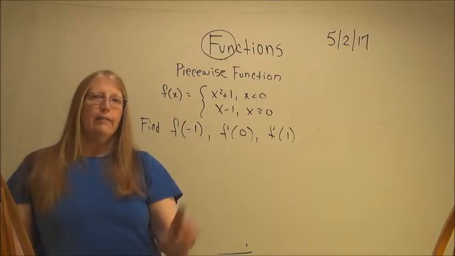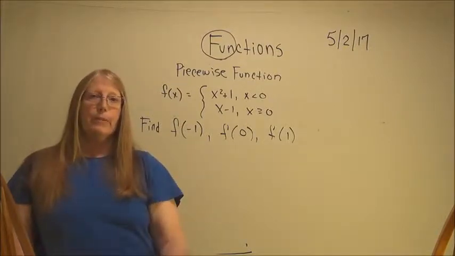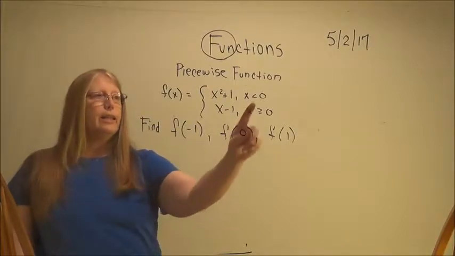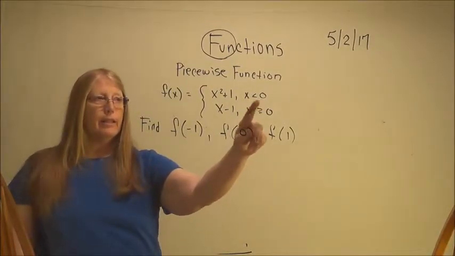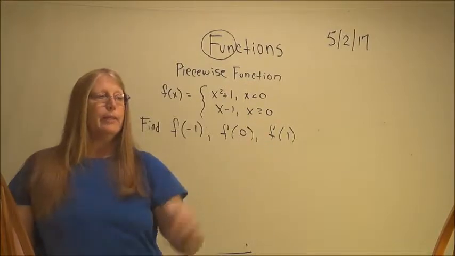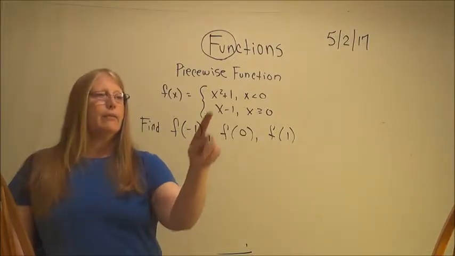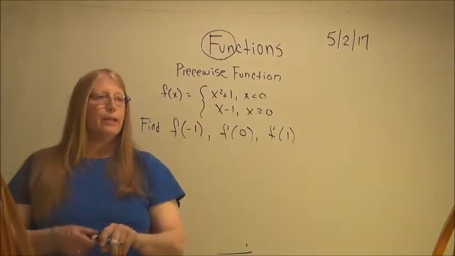To find f of -1, we have to know which piece to look into. So is -1 in this domain or in this one? The answer is it's in the x is less than 0. So we're going to put -1 into this piece and evaluate it.